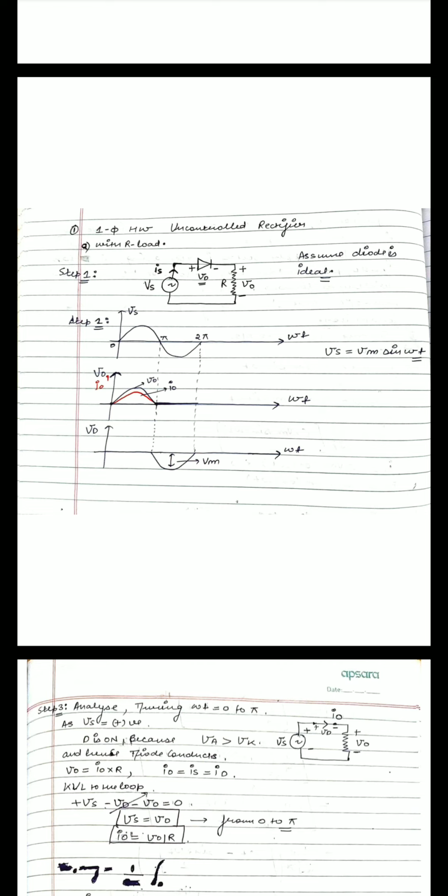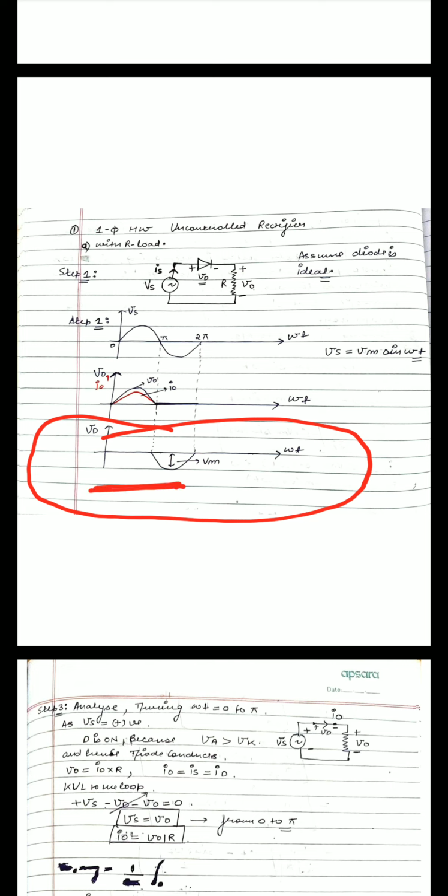So as you can see from VD waveform, VD means voltage across the diode, from 0 to pi, as diode is in on state, there is no on state voltage drop, so voltage drop across diode is 0.